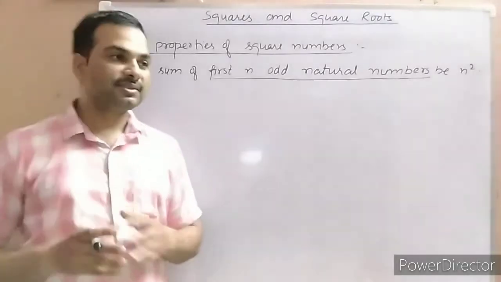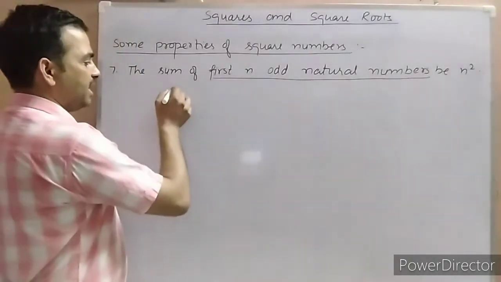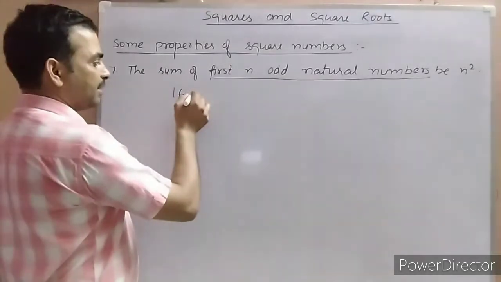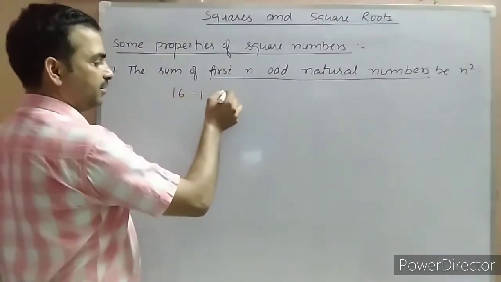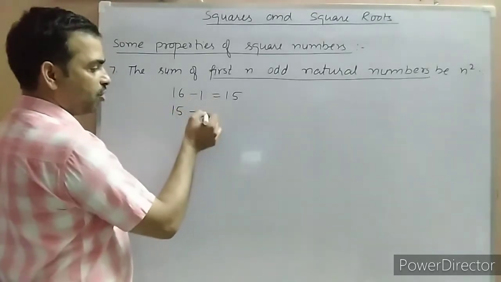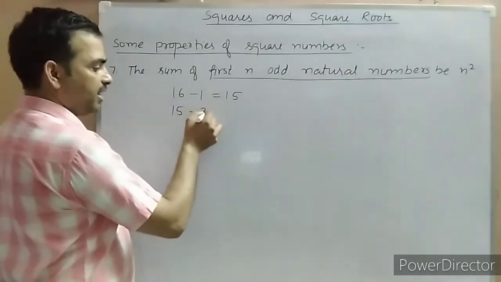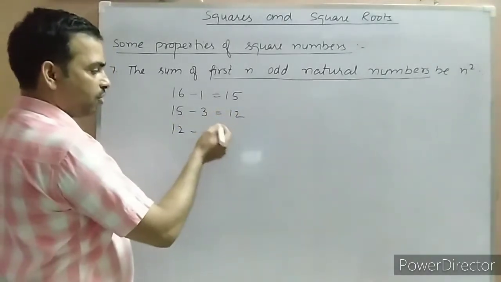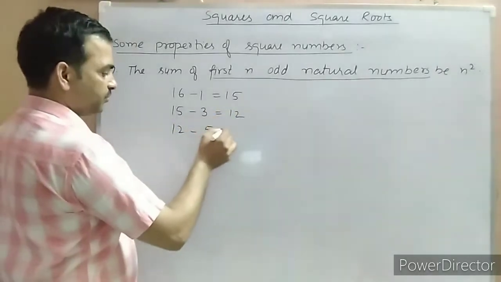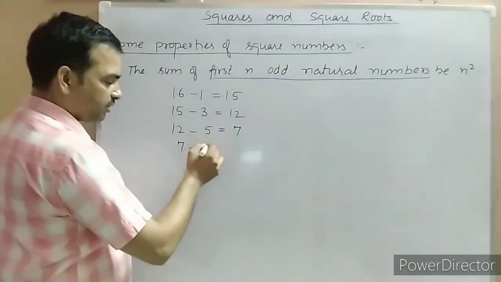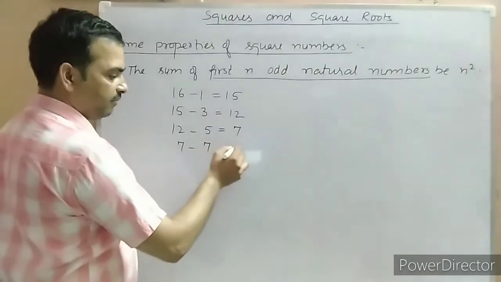Let me discuss. As we know, 16 is a perfect square number. I subtract 1 from 16 and get 15. Now 15 minus the next odd natural number, 3, we get 12. 12 minus the next odd natural number, 5, we get 7. And 7 minus the next odd natural number, 7, we get 0.